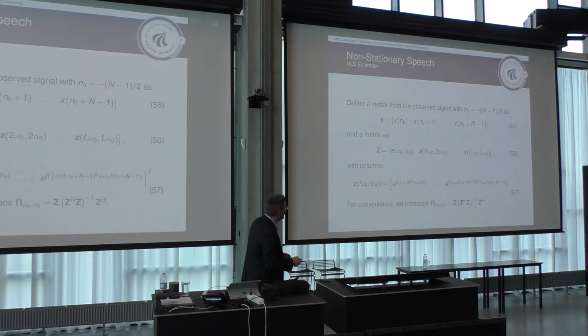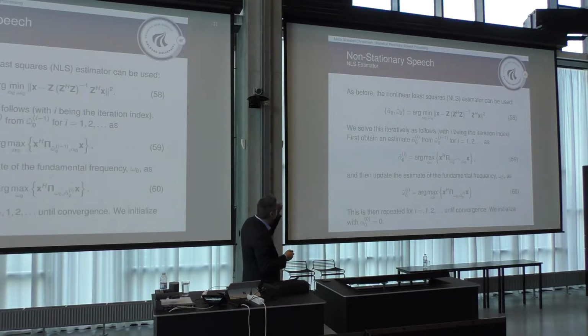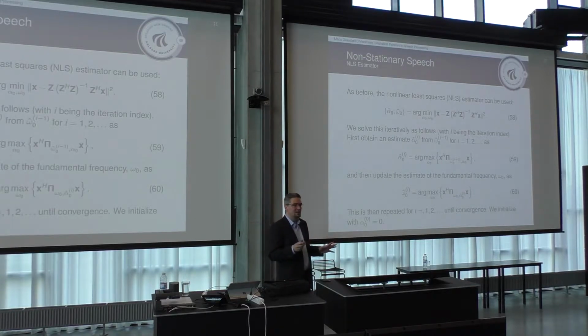And then we define a projection matrix like this for the matrix here, which depends on the fundamental frequency and the chirp rate. We could, of course, apply the nonlinear least squares estimator to find this, so we simply minimize the modeling error over these parameters like that. But that's a two-dimensional nonlinear optimization problem, and it's not so easy to solve, actually.